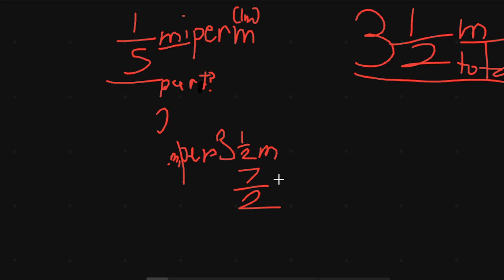And you take that and multiply across by 1/5. Because remember, we are multiplying both of these by 3.5. Hope that's clear.